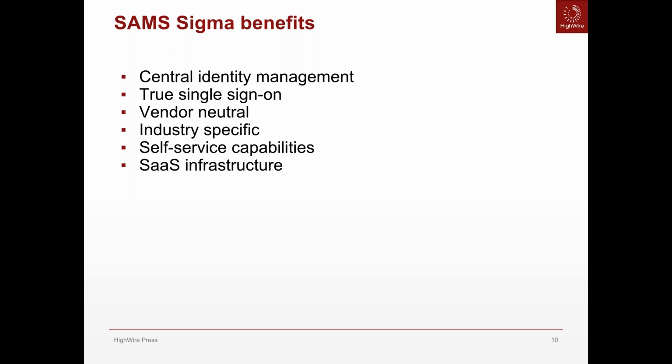So a key part of SAMS Sigma was to ensure that it was a centralized SaaS infrastructure so that all of the product updates could be rolled out in one go. Everybody gets the benefit of those. It can happen in a zero downtime, very seamless way. And of course, we have a very flexible, smart capacity management aspect, so the system can flex with the demand it sees.